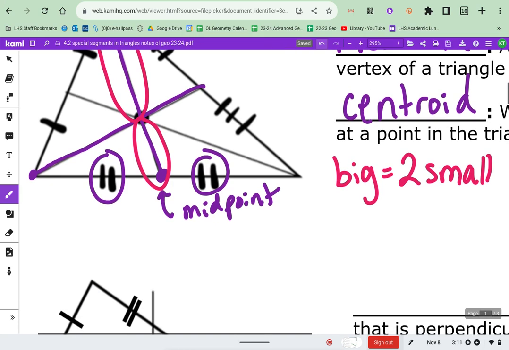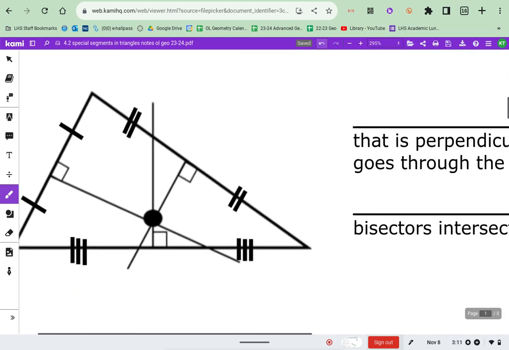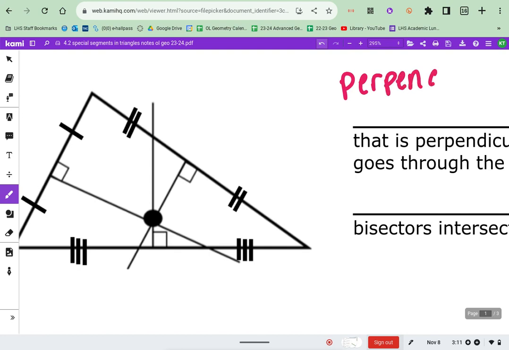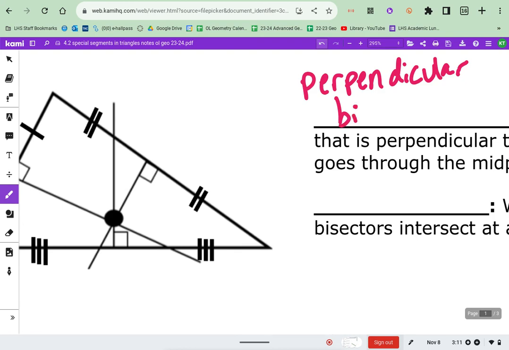So the third one. The third one in this picture, these are all perpendicular bisectors.